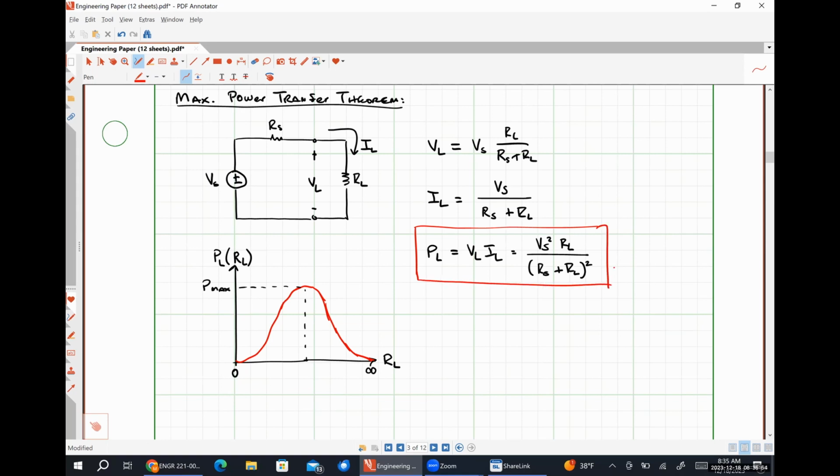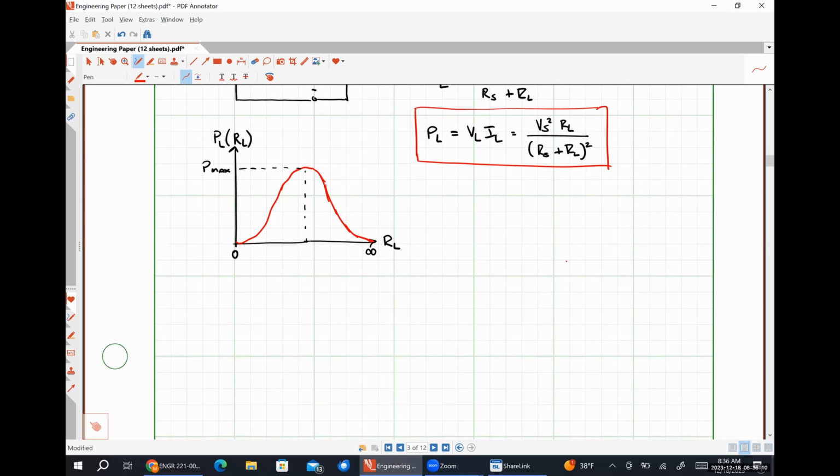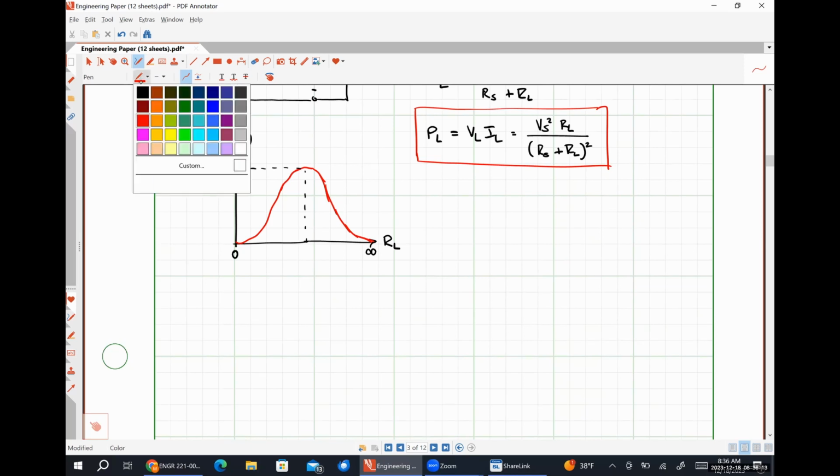How do I determine the maximum value of a function? Take the derivative of the function and set it equal to 0. Absolutely right. So we are going to take the derivative of our power function with respect to load resistance and set that equal to 0.